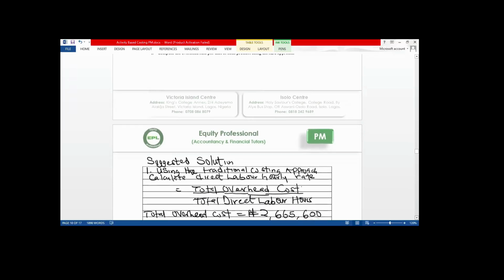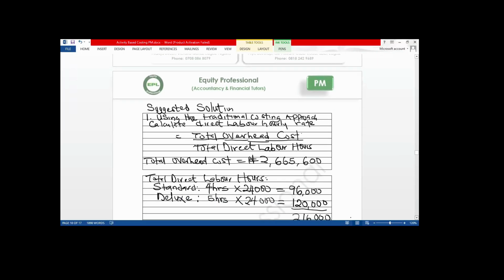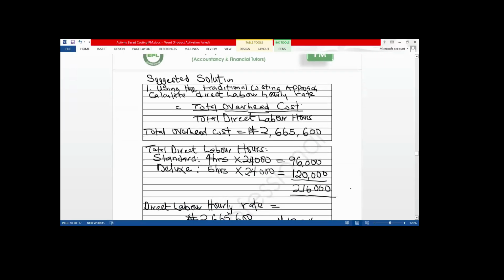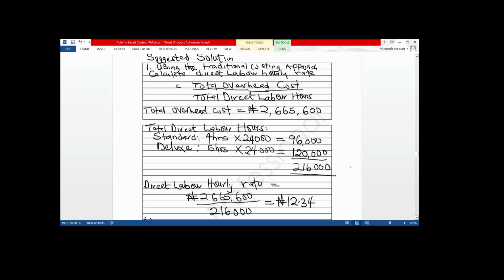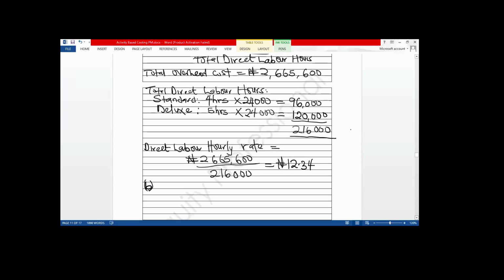I want to use the direct labor hourly rate to calculate overhead rate per unit of standard, overhead rate per unit of doulos. I can move to this quickly. Look at it, please.